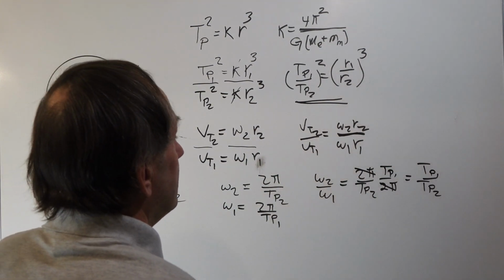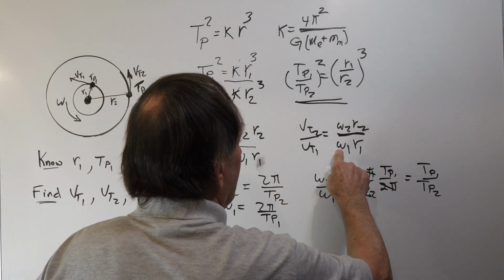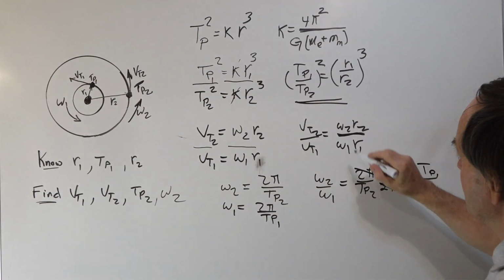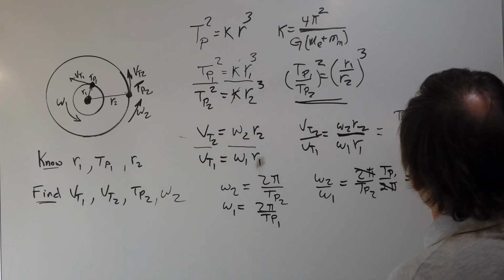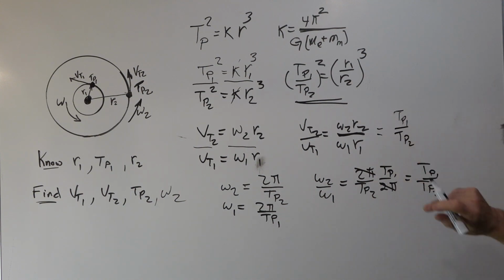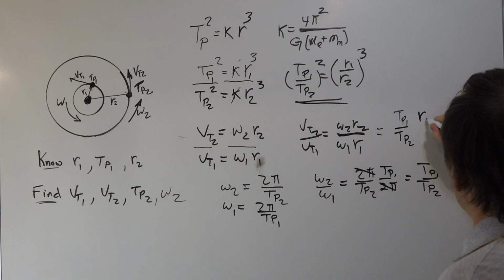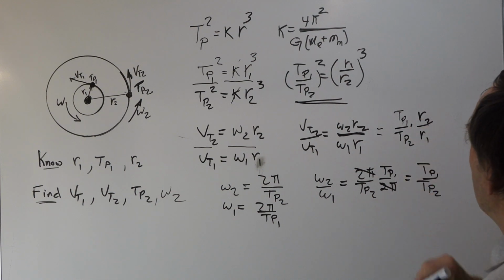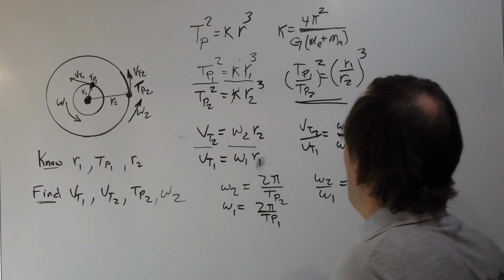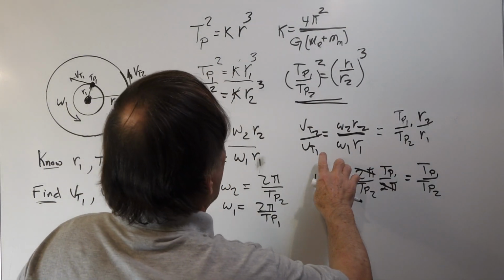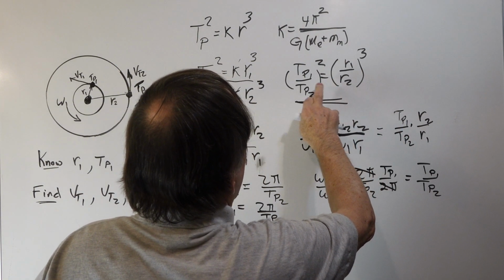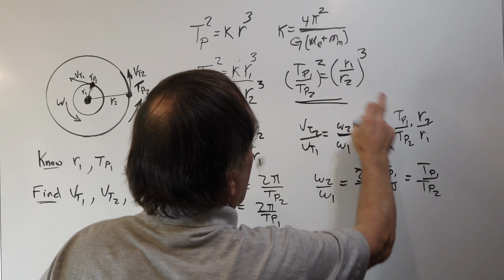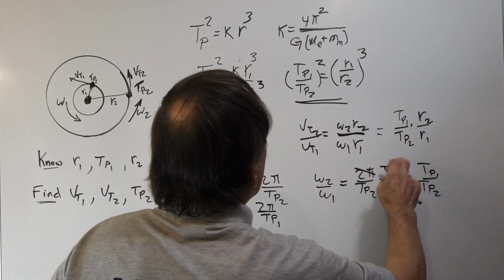Now we're going to substitute in for omega 2 over omega 1 in this equation. So instead of omega 2 over omega 1, I'm going to write the orbital period 1 over the orbital period 2, the ratio of the orbital periods, and then R2 over R1. Now, we also know that we have a relationship between the periods and the radius here.